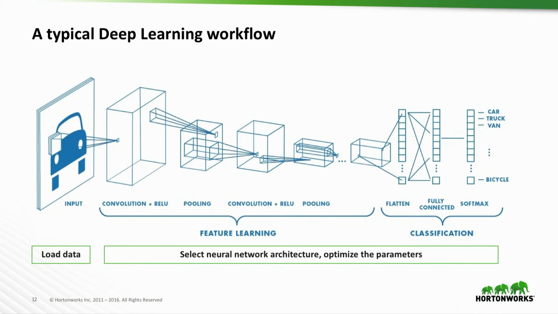So we can split the whole deep learning process into two parts. The first part is feature learning, which can include some convolution layers, ReLU layers, or pooling layers. The second part is, after we get the result from feature learning, we put the features into, still the same as the machine learning methods, softmax or other classification models, and we train the model.